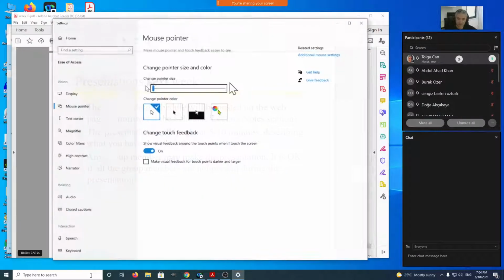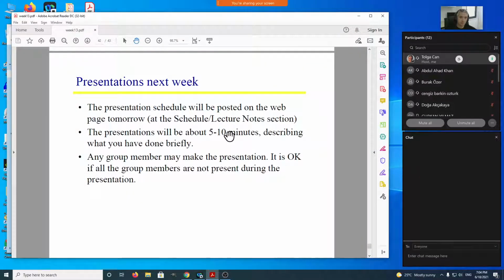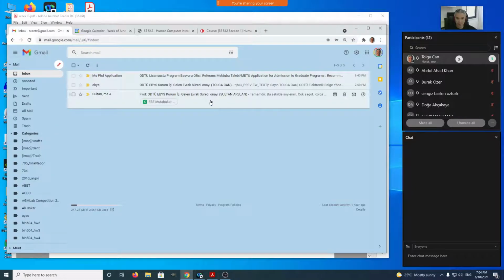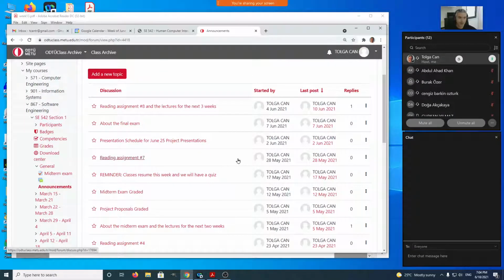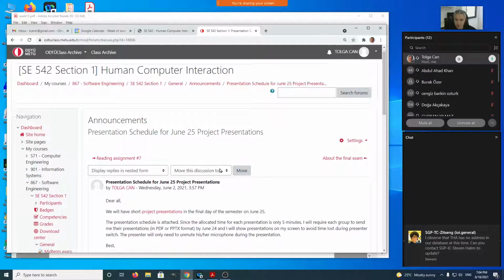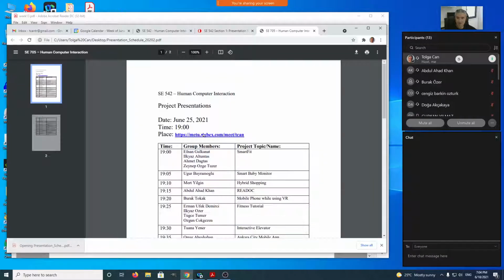Next week, we are going to have 5-minute presentations per group, okay, as per schedule. You have to start attending at the beginning because it's not the exact time. If you look at the schedule that I posted here, your starting time can be 10-15 minutes early or late, depending on the delays we may have.